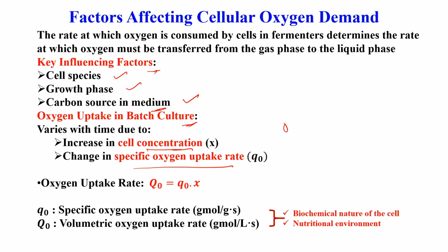So, oxygen uptake rate is defined as Q naught into X. This is the oxygen uptake rate. So, if there is more biomass the oxygen uptake rate increases, and Q naught is the characteristic of a particular microorganism, the specific oxygen uptake rate.